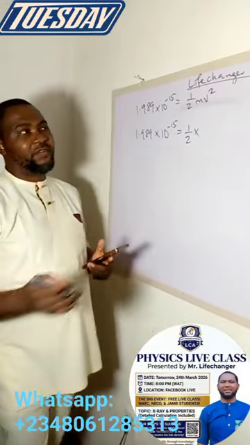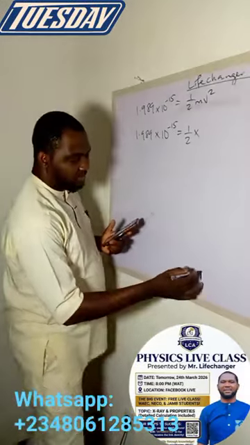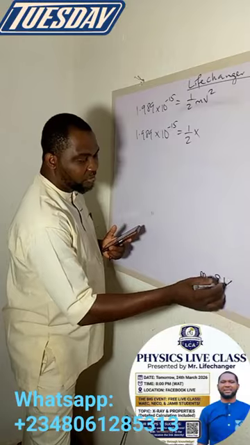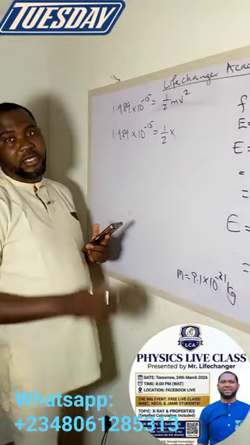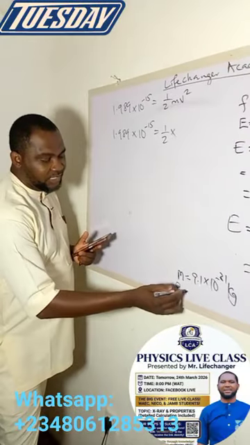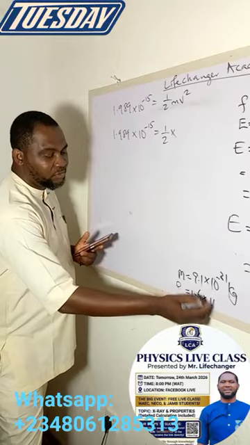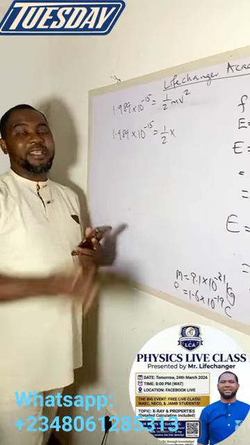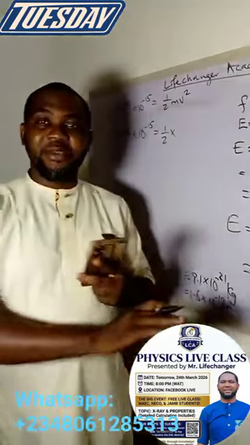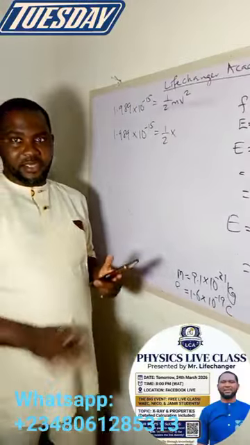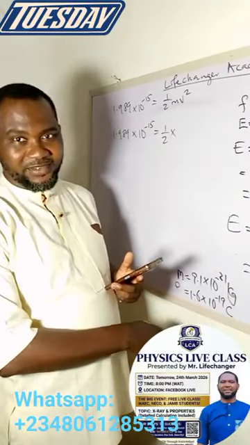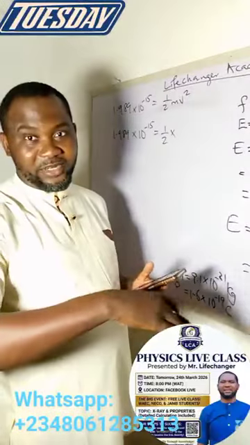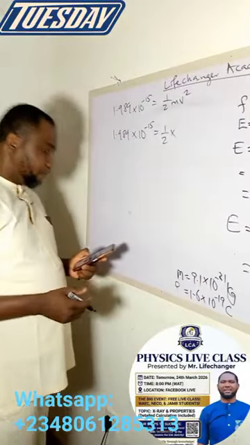The mass of an electron is 9.1 times 10 to the power negative 31 kilogram. The charge of an electron is 1.6 times 10 to the power minus 19 coulomb. It's a constant value anywhere you find it. It does not change. Even if you have to travel out for your WAEC, or travel to another country, it's still the same value.